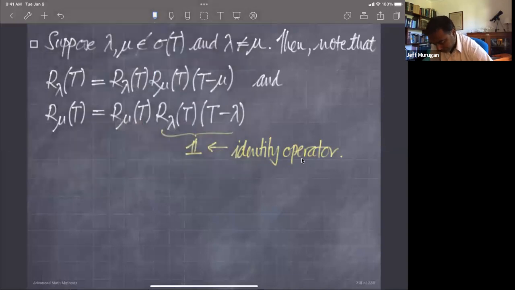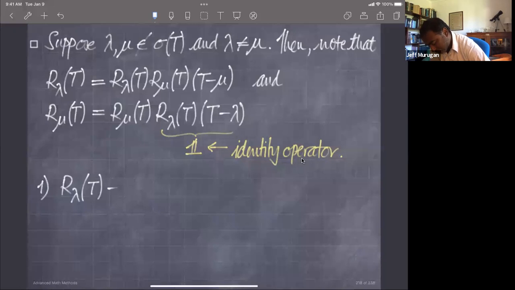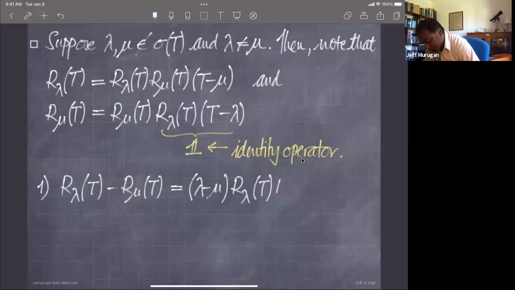In other words, property number one is that R lambda of T minus R mu of T is just lambda minus mu times R lambda of T times R mu of T.